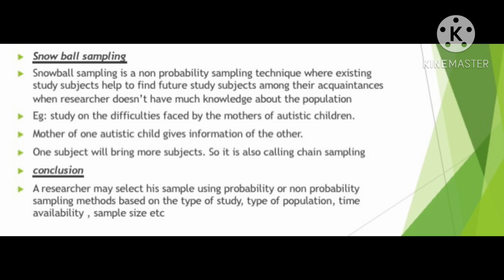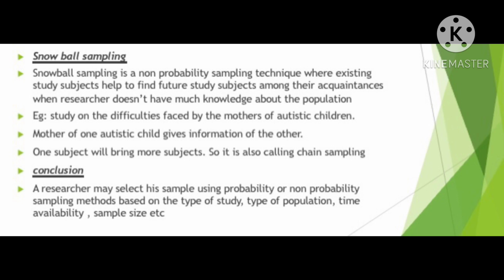She can help the researcher find many other mothers who have autistic children, maybe people she has met in the hospital or counseling centers. Like that, she can help the researcher find more mothers to conduct this study. This process is otherwise called chain sampling, because one subject gives the contact of the next subject. It is a chaining process.